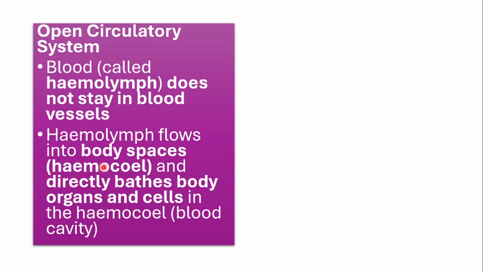It's going to be in the blood cavity and directly bathes body organs and cells in the hemocoel. So, when you talk about the open circulatory system, the blood is not going to stay in the blood vessels. The blood is going to flow into the cavity, into the hemocoel, and it's going to directly bathe the organs and cells.